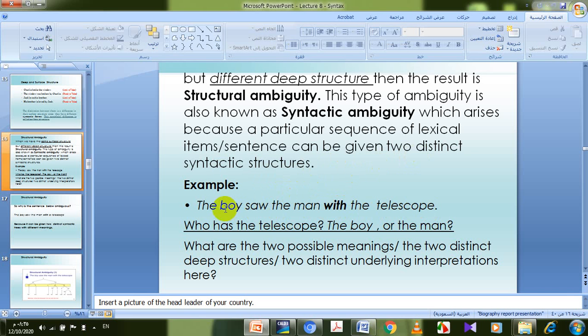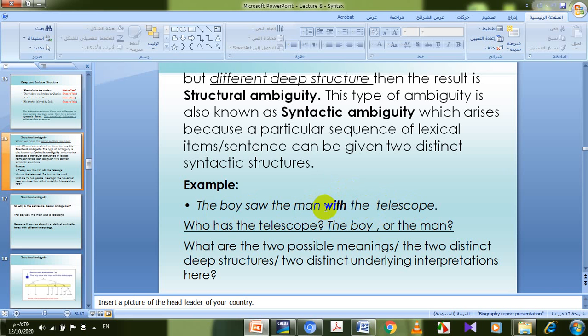It might mean the boy saw the man by using the telescope. So the boy used the telescope to see the man. Or the boy saw the man with the telescope, where with means the one who had the telescope. So the man was having a telescope.